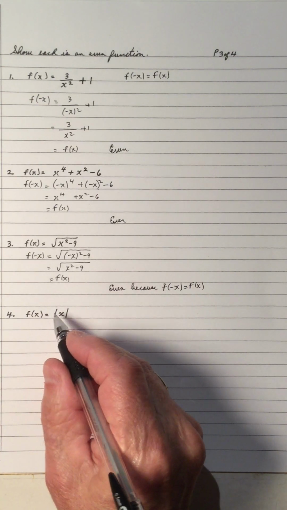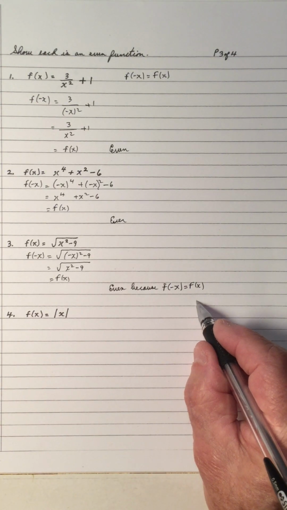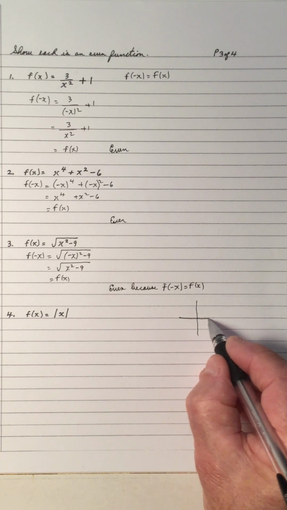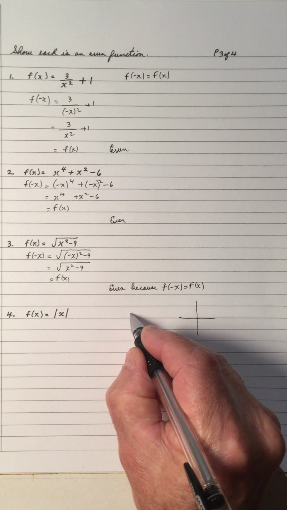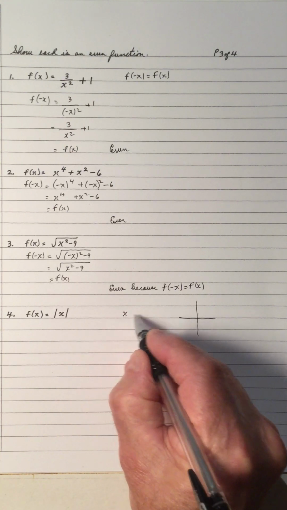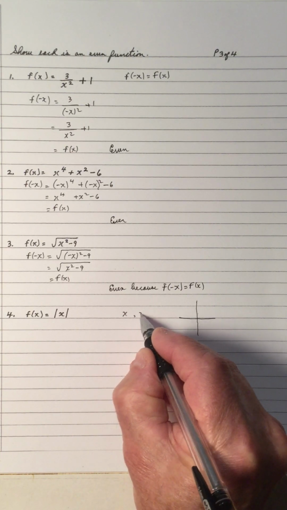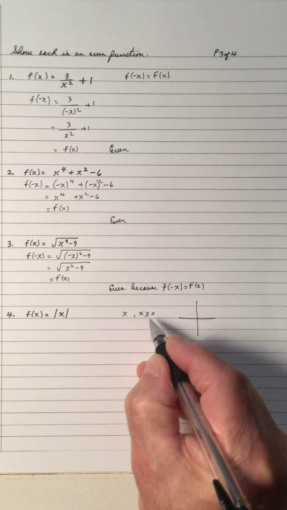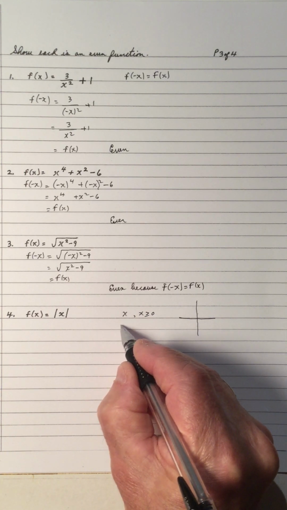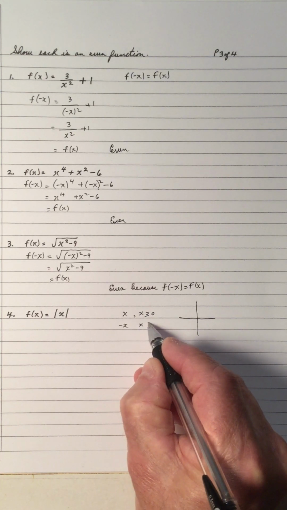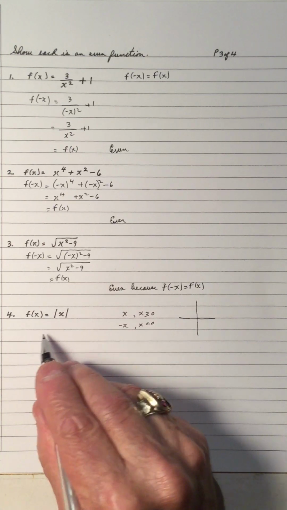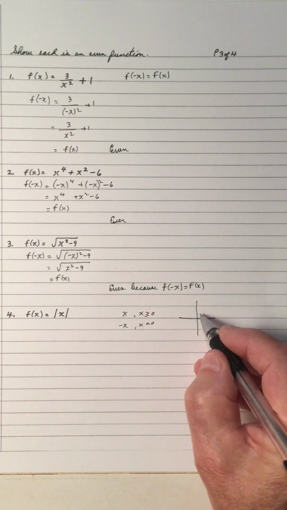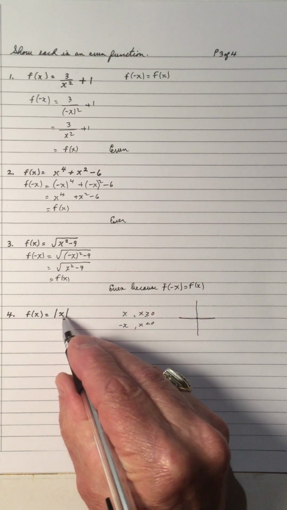Now we have an absolute value. And just to illustrate, we did a unit on absolute value. The absolute value is defined as: the absolute value of x is x when x is greater than or equal to 0, and the absolute value of x is negative x when x is less than 0. So if you take a 0, absolute value of 0 is 0.